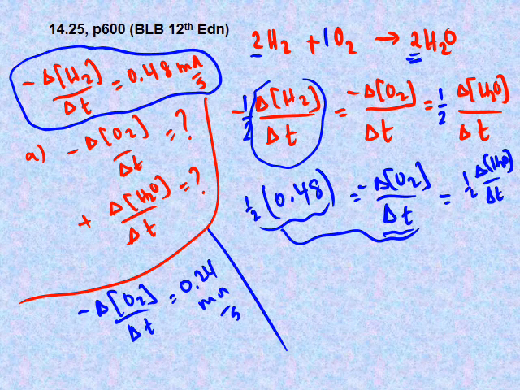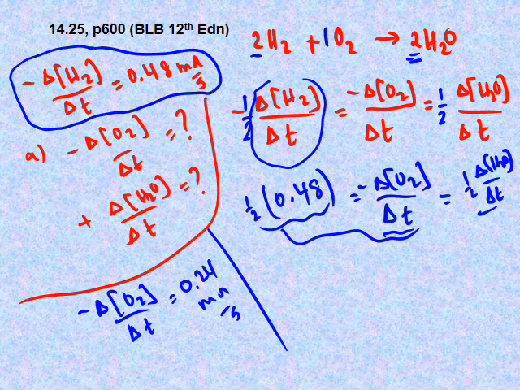Now they're also asking about H2O. Half of H2 equals half of H2O, so you can cancel half and half. The other way of thinking about it: the water rate would be the same as the hydrogen rate, so it's going to be 0.48.